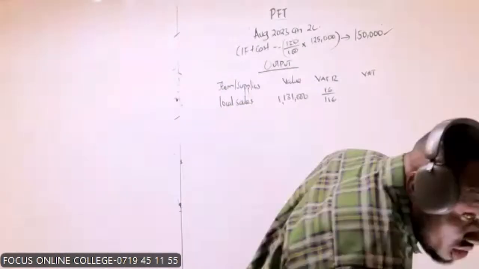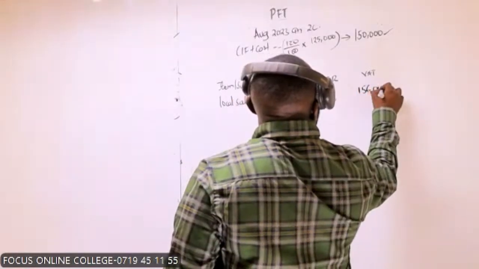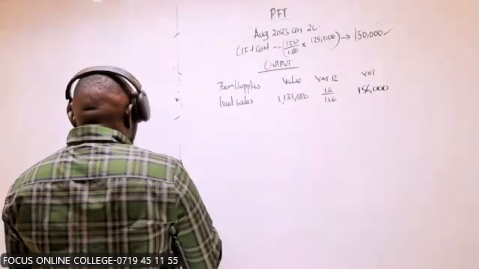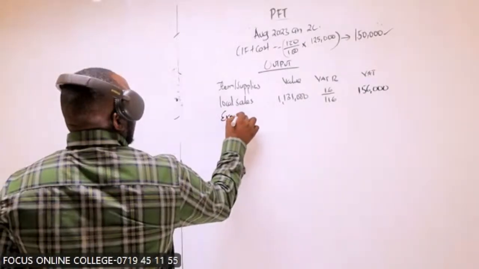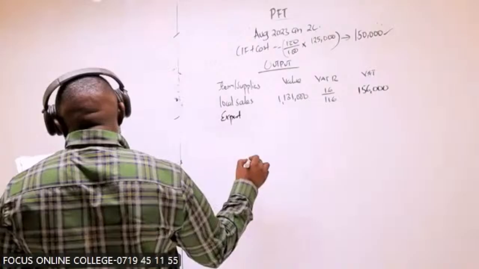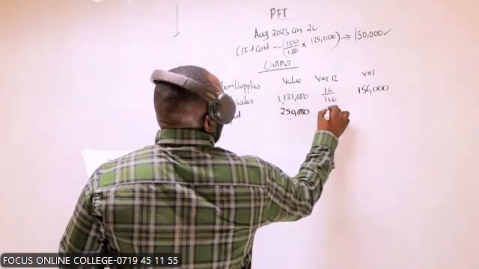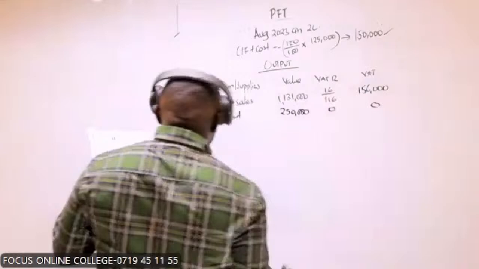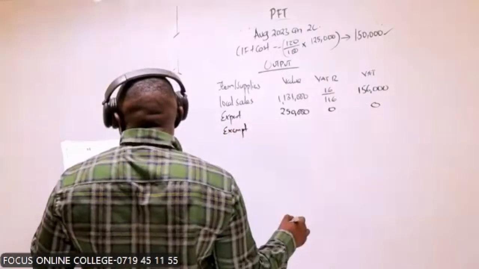So that is 156. Export. Export was 250. That should be 0. There's no mark for this, but I will just put it exempt.